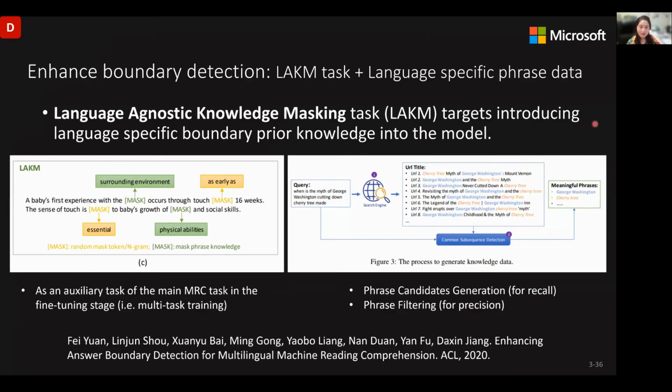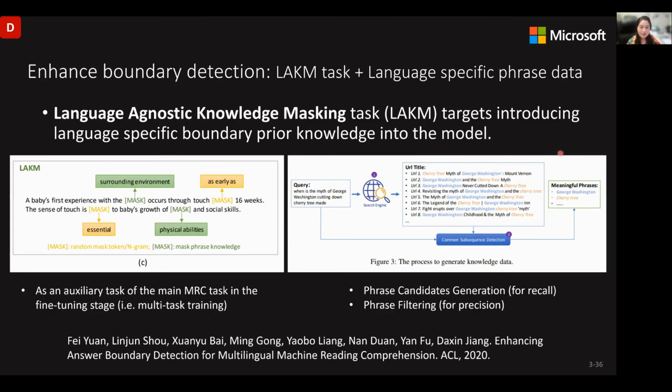Since the answer spans extracted by MRC models are mostly entities or meaningful phrases, the work published at ACL 2020 proposed a scalable approach to mine large-scale knowledge data from web pages and leverage this knowledge data to design a language-agnostic knowledge masking task, short for LAKM, to introduce the language-specific boundary prior knowledge into the model.